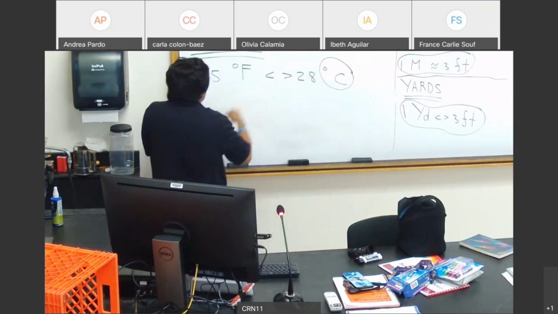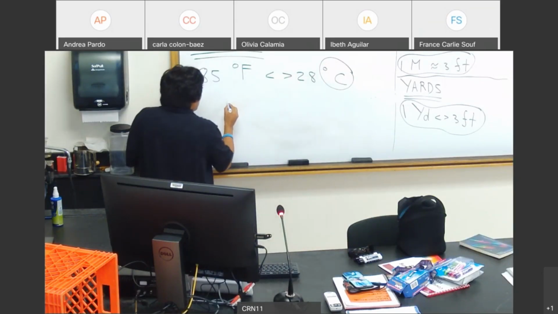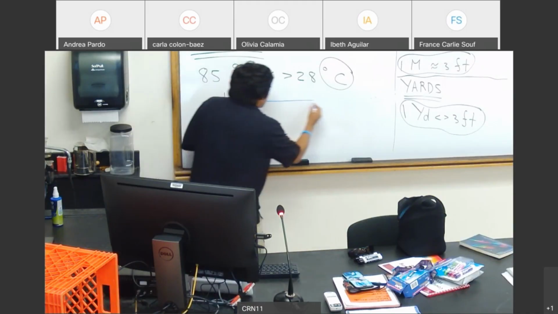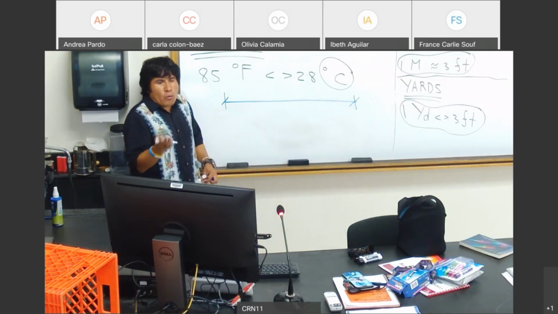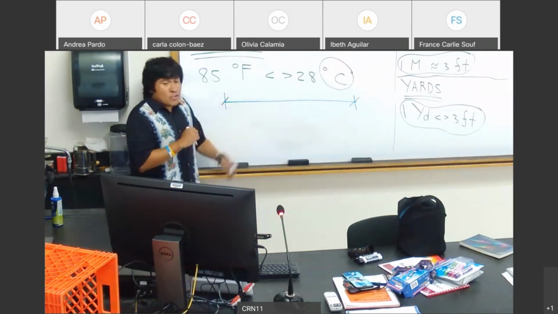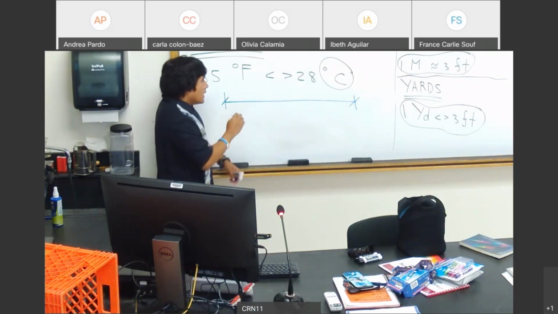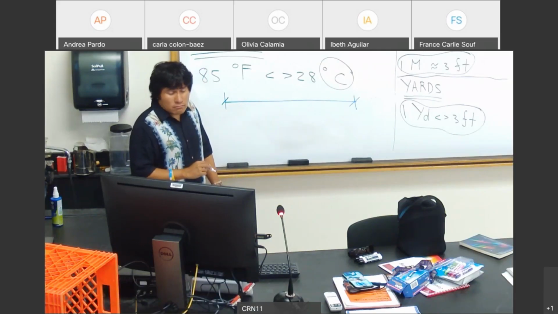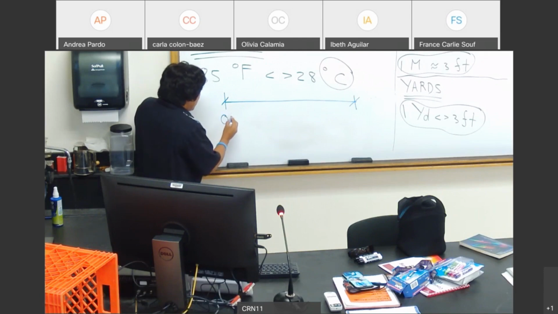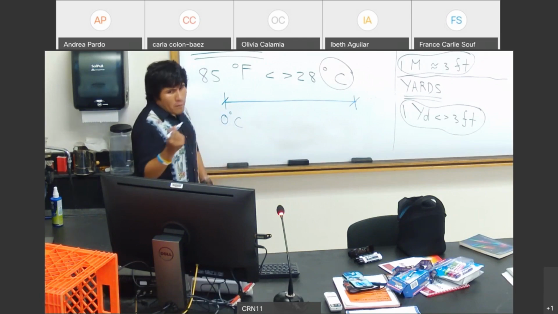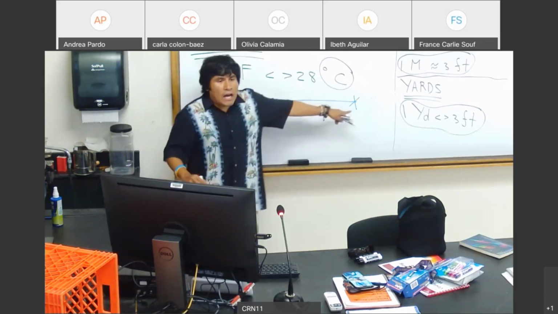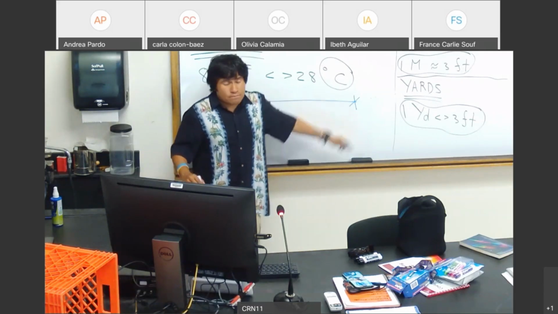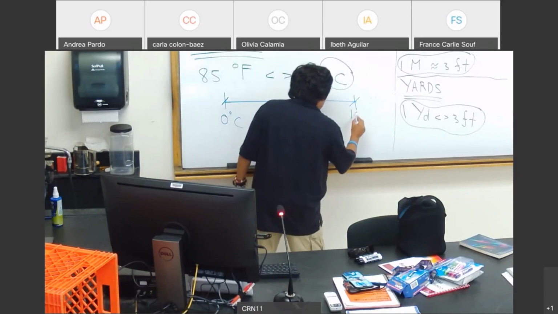How do you introduce a Celsius? You make a line and you use the freeze. We're going to do this more when we talk about temperature, but at least let me show you where Celsius comes from. The freezing temperature of water is 0 degrees Celsius. You can use a thermometer and calibrate it like this, by the way. And then the boiling point of water is 100 degrees Celsius.